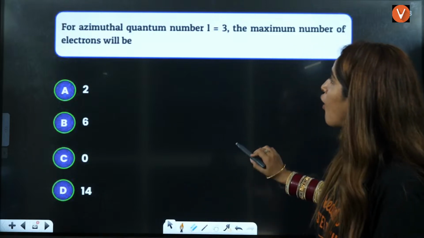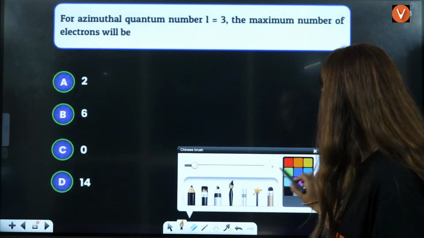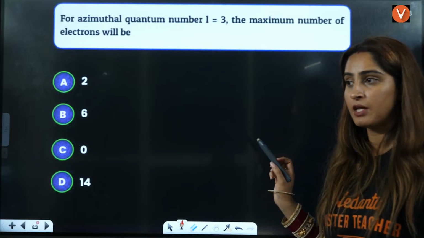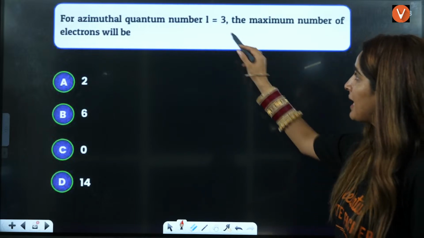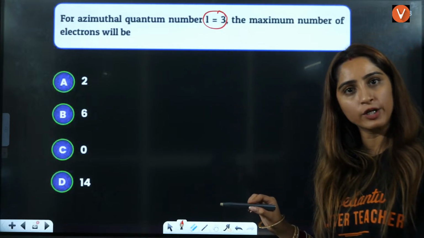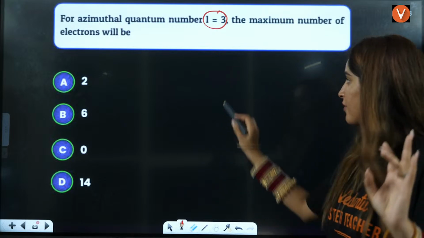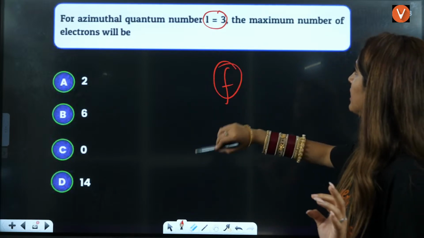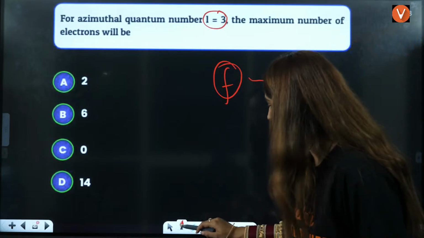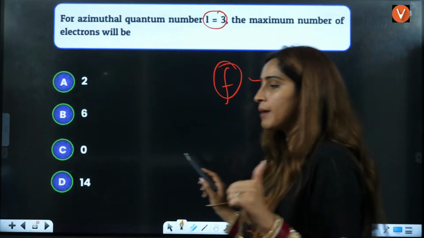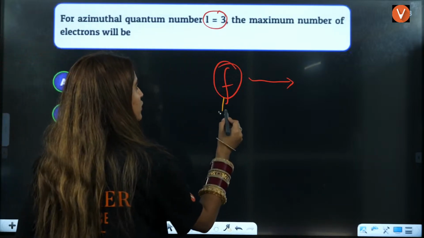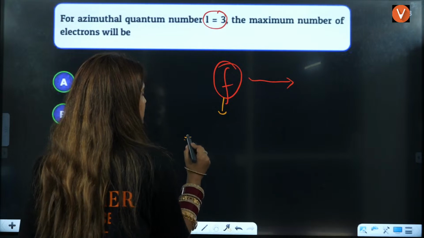Next is, for azimuthal quantum number l equal to 3, the maximum number of electrons will be. For l equal to 3, that means s, p, d, f, 0, 1, 2, 3, so we are talking about the f orbital. The maximum number of electrons you can fill here in the f orbital, what is the formula?